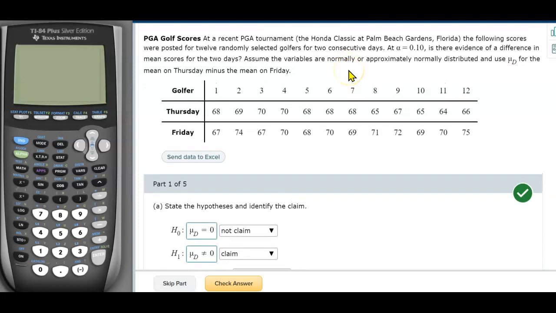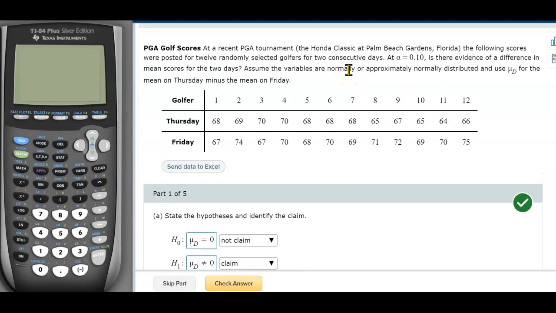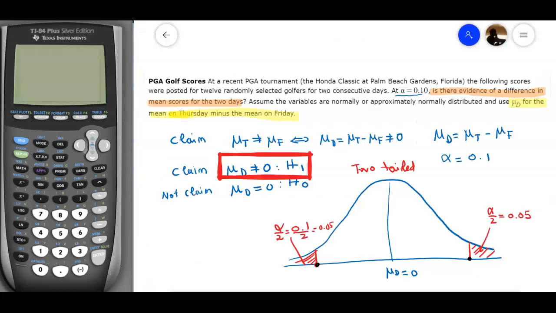And notice here as well, we are not given sigma, the population standard deviation, so it's unknown for us. So since n is less than 30, we're going to be using the t table. This will be the t critical, and this will be another t critical, and there are going to be two of them.